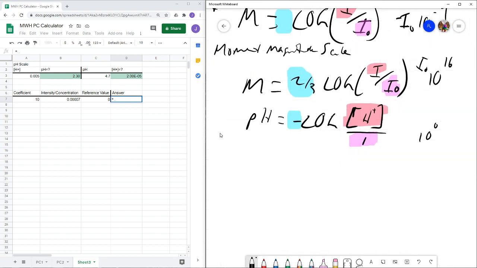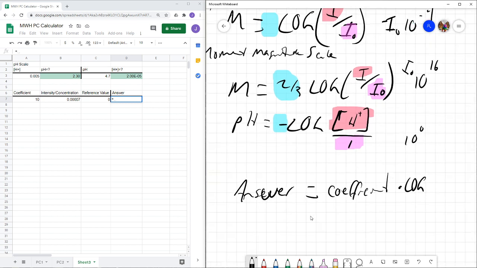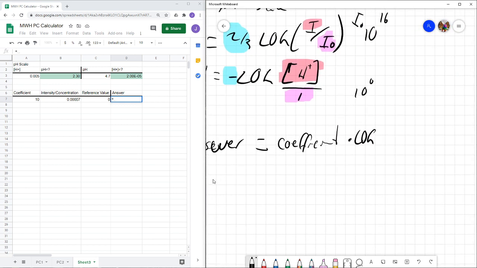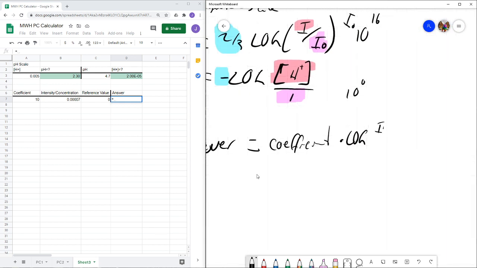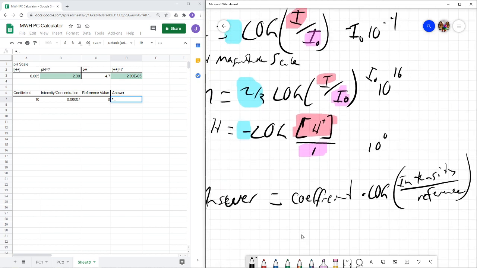So all 3 of these, our answer is going to equal our coefficient times the log of, we think, intensity over reference. Right? That was our generalization.